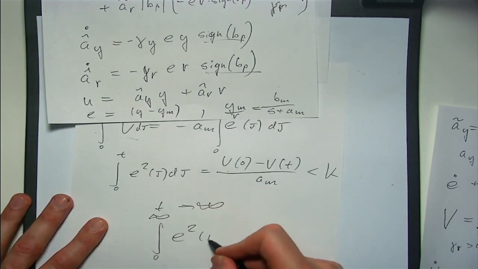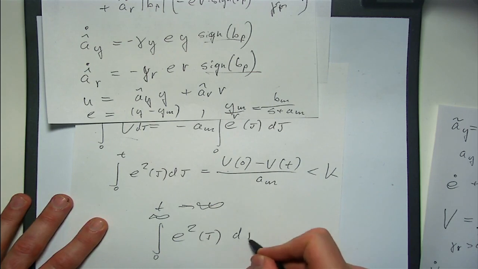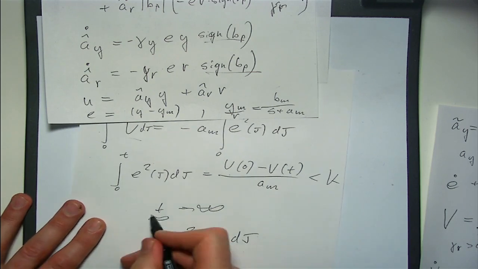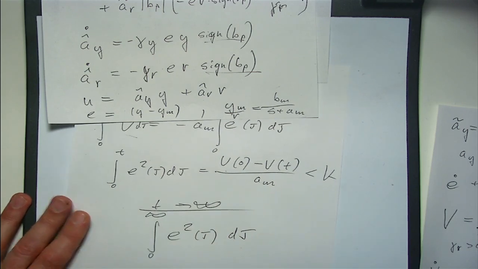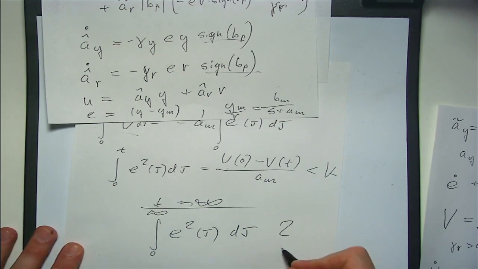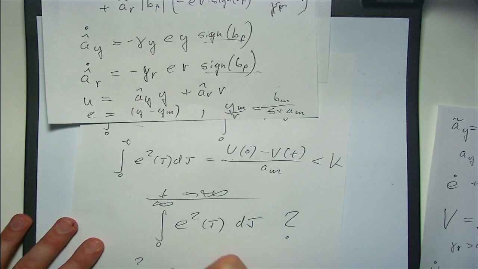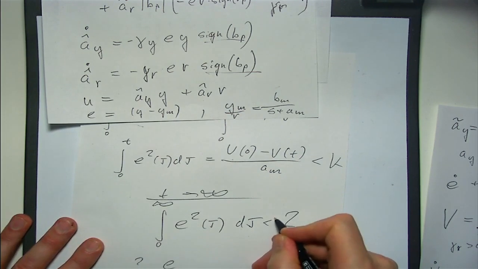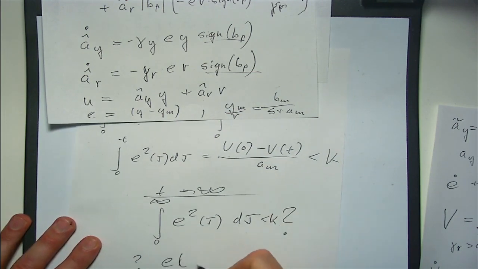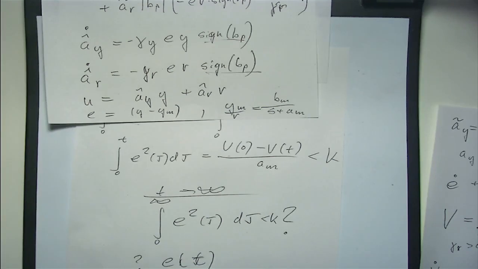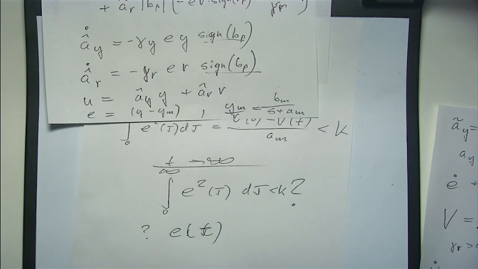Can we say anything about the convergence of this? That's the question. Can we say anything about the convergence? We know this is bounded, but what happens to et over time? Does it converge to 0? Does et converge to 0?